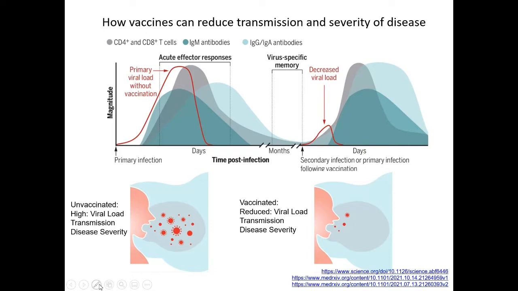It doesn't mean you can't get infected, and I think this is a point in this discussion about making COVID simple. Those that are vaccinated will still get COVID, but hopefully you should see from this slide the viral load is significantly reduced. What this means is the viral load is reduced, transmission is reduced, and disease severity is reduced. And we all know this with the current situation.